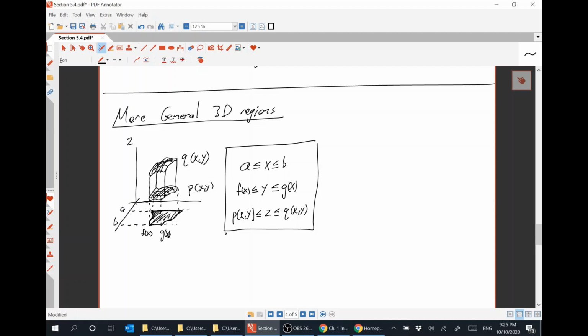I'm not going to name them type 1 through type 6. But the first variable is bounded by constants, the second variable by functions of the first variable, and the third variable by functions of the first two variables. These types of integral regions are three-dimensional regions over which you can do an iterated integral.